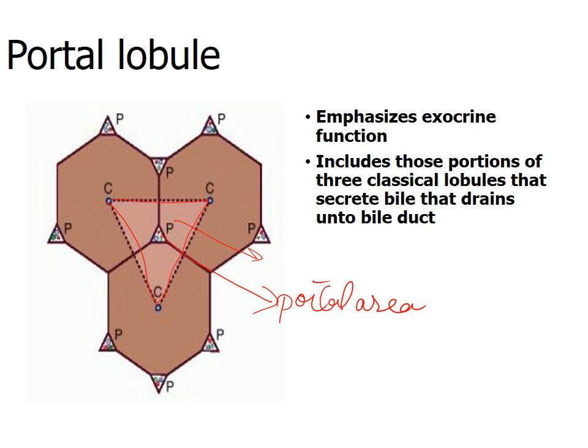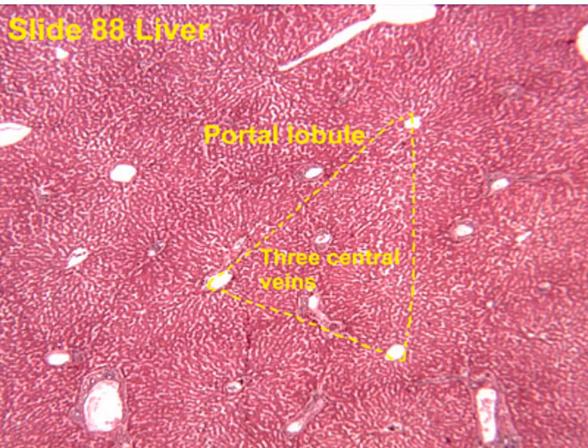Such a lobule is triangular in cross section and contains parts of 3 adjoining hepatic lobules and has a central vein at each of its 3 corners. So you can see here the central veins at the 3 corners of the portal lobule, and it signifies the exocrine function of the liver.